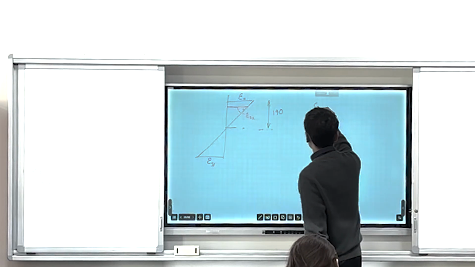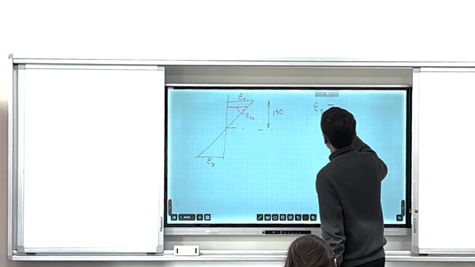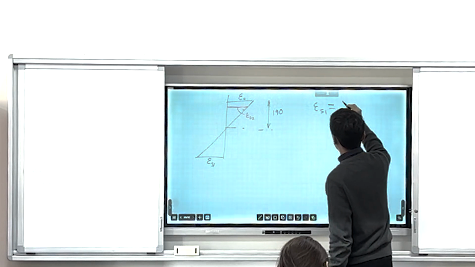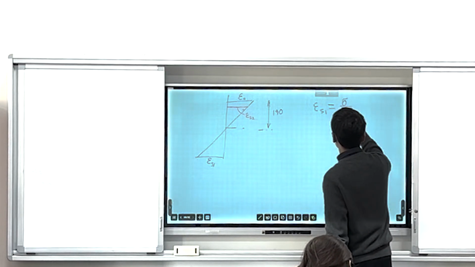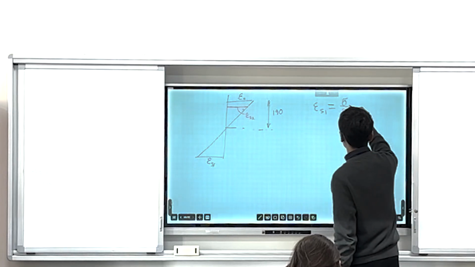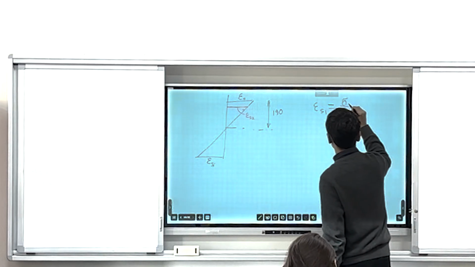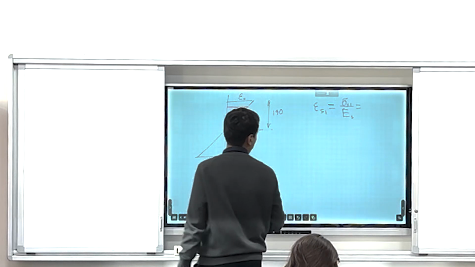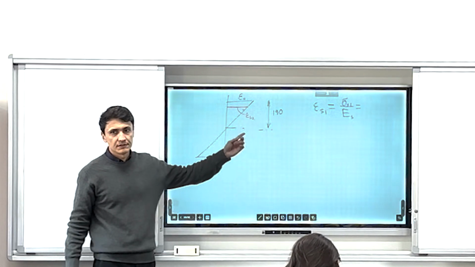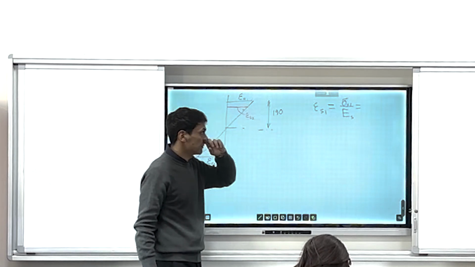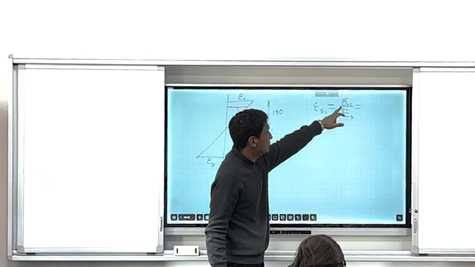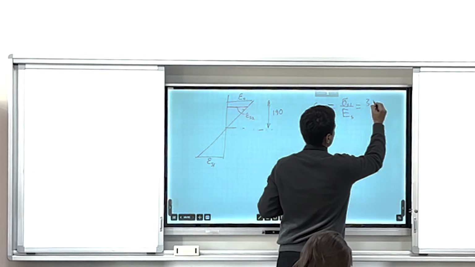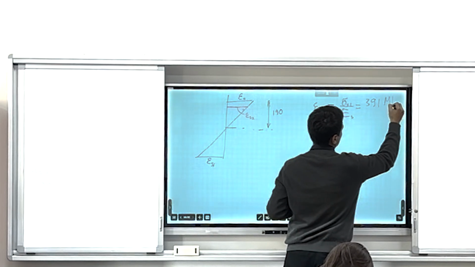So epsilon s1 is equal to sigma divided by E. This is just a stress strain law, you already know it. We know sigma S1, right? 391 megapascal.